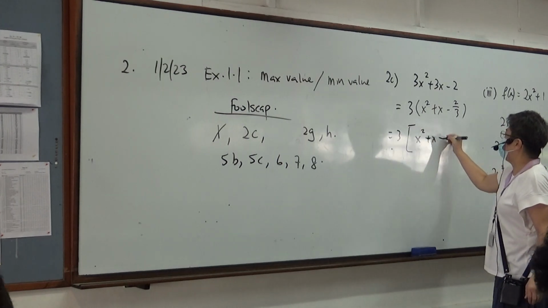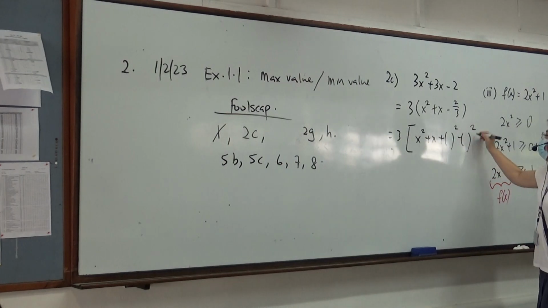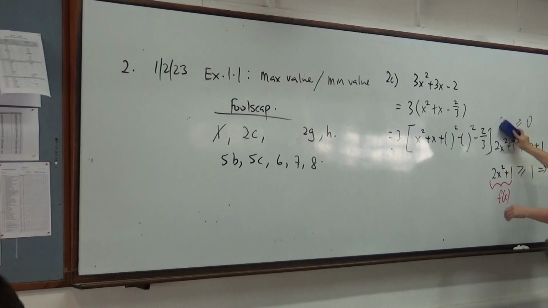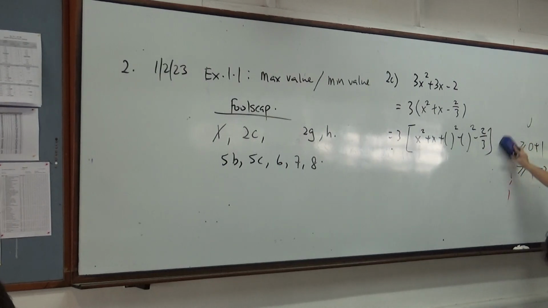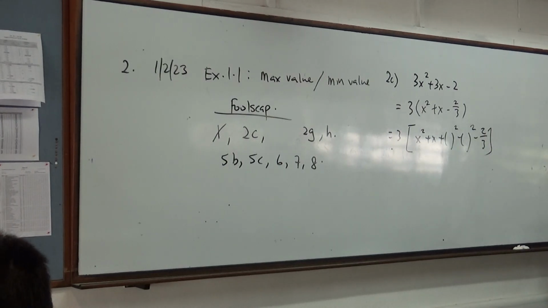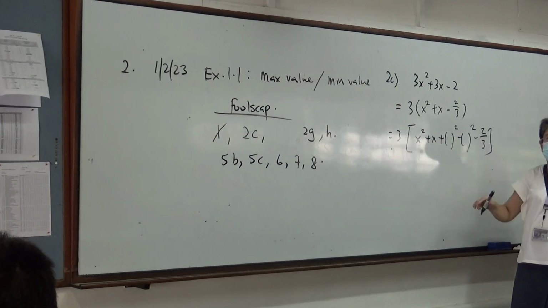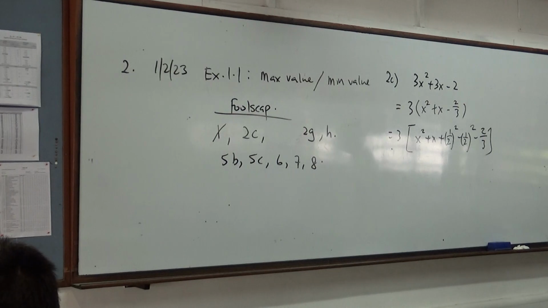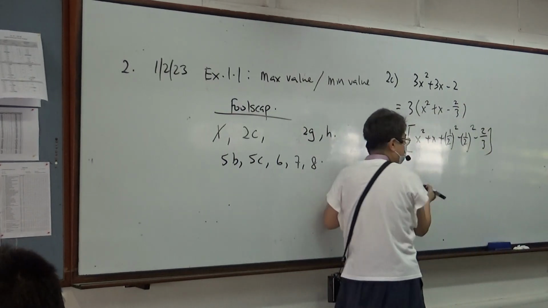x squared plus x plus something squared minus something squared minus 2 over 3. What is that something down there? You cannot see how this is coming now. Then I'm going to teach you how to do that.